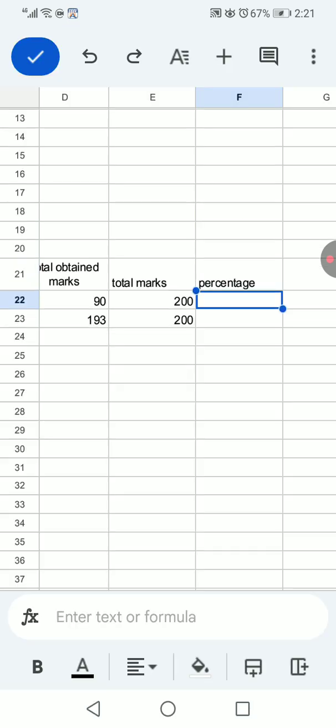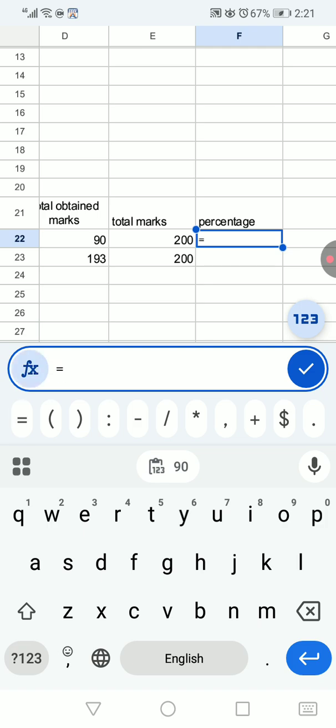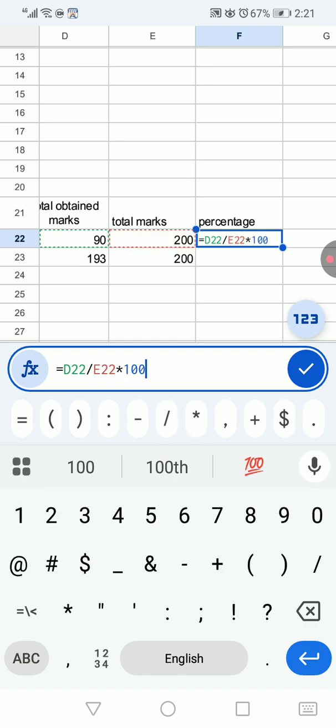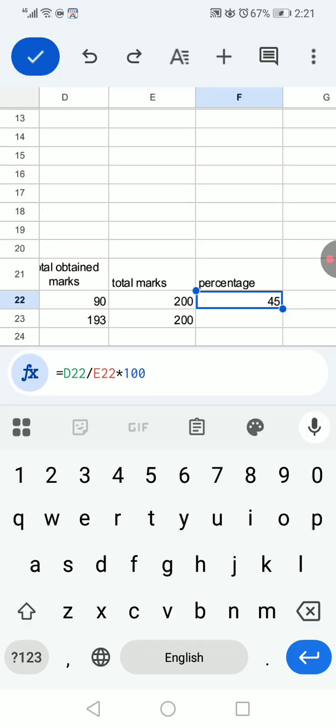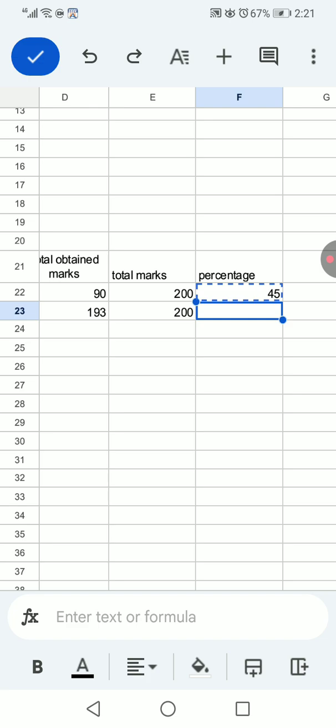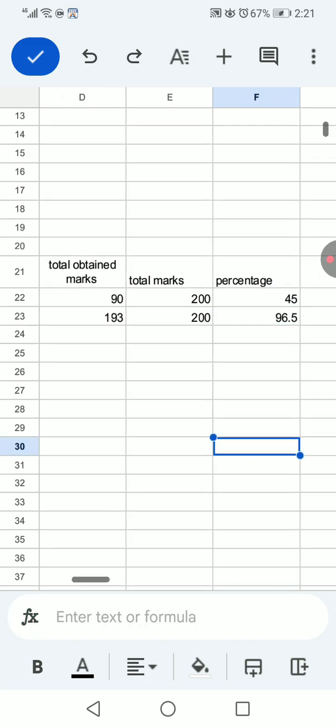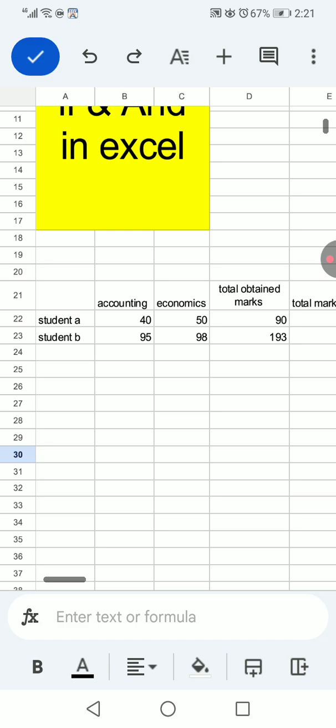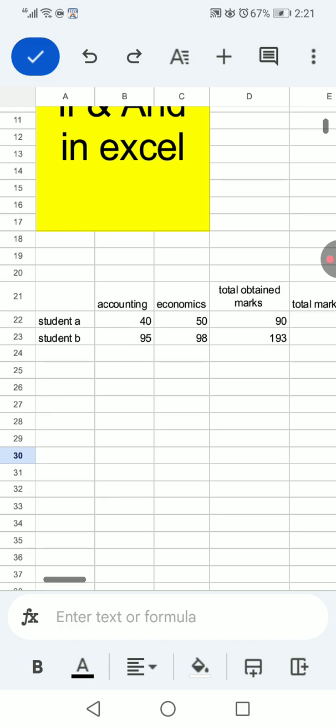How will you calculate percentage? Obtained marks divided by total marks multiplied by 100. This is the simplest way in which you will calculate the percentage. So first student has got 45% and second student has got 96.5%. This is very simple data we have just established to understand IF AND.